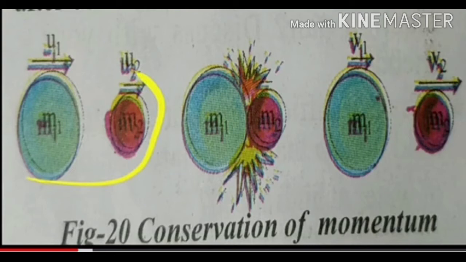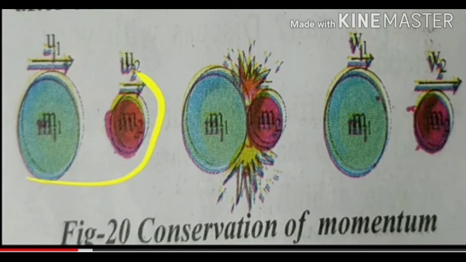After the collision, let their velocities be v1 for mass m1 and v2 for mass m2. Before the collision they travel with some initial velocities, and once the collision has happened, they move with different velocities.